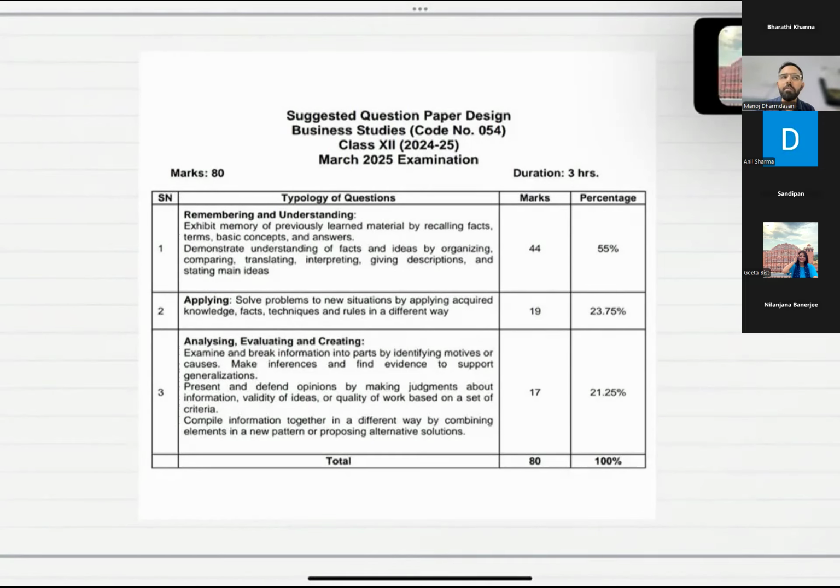Like 30% of the paper will be easy, 50% of the paper will be moderate, and the rest of the 20% paper will be, we cannot say tough, but we can say the typical one or the challenging one for the student, where the student needs to put in a lot of brainwork to answer those questions. So that gives a good impression to those students who actually work hard to score good marks.